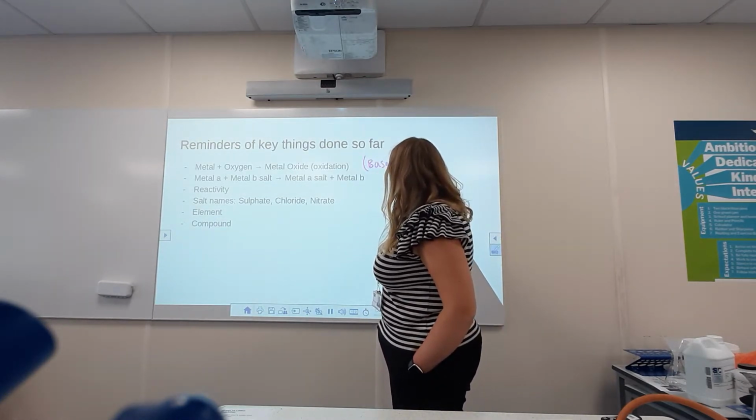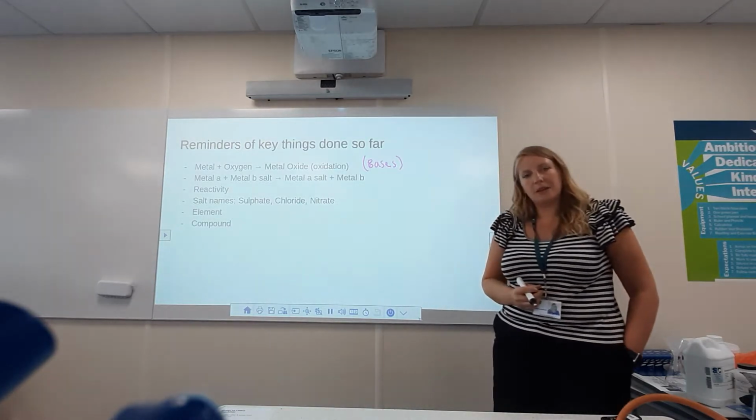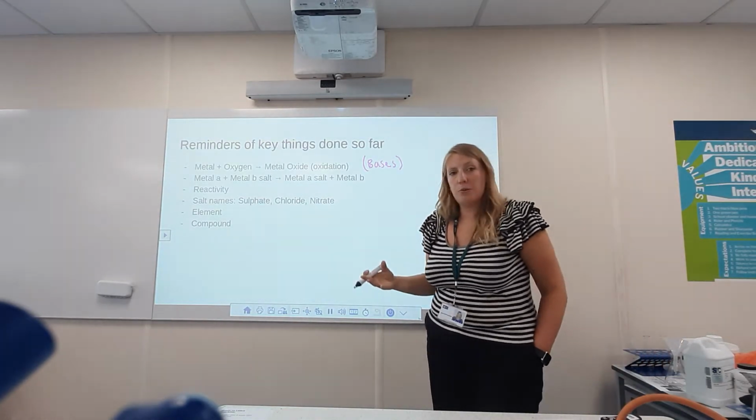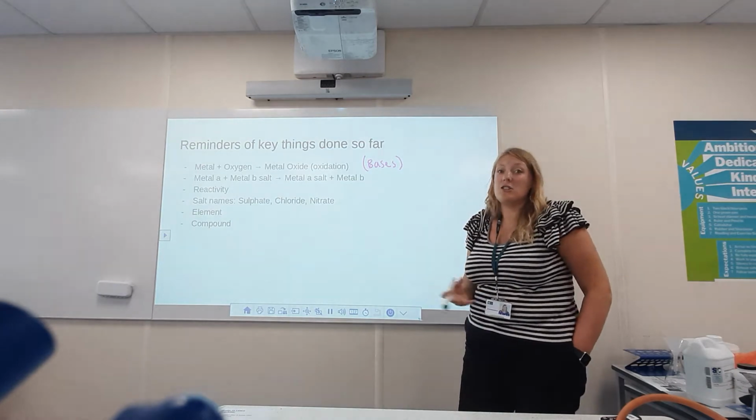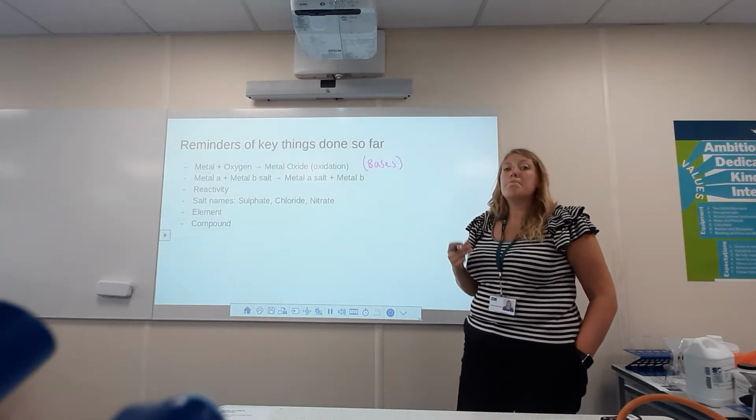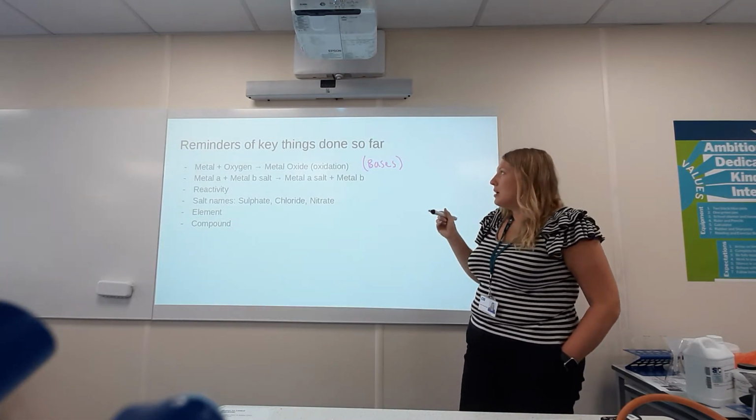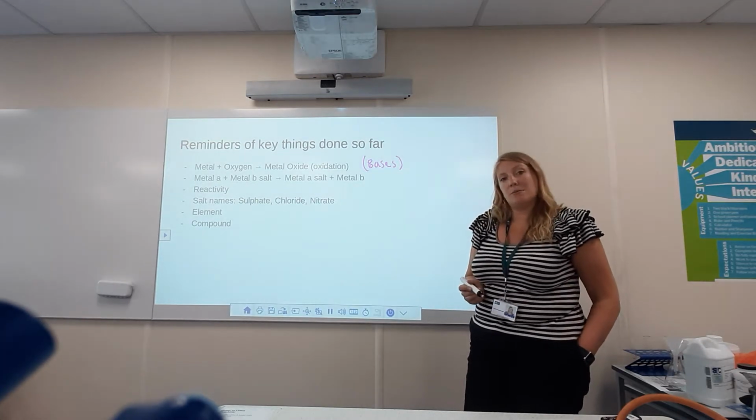Okay, and we're going to get onto that word shortly. You can get a non-metal plus oxygen. It's also called oxidation. It's still the same type of reaction, but you don't get bases. You actually get acidic substances.